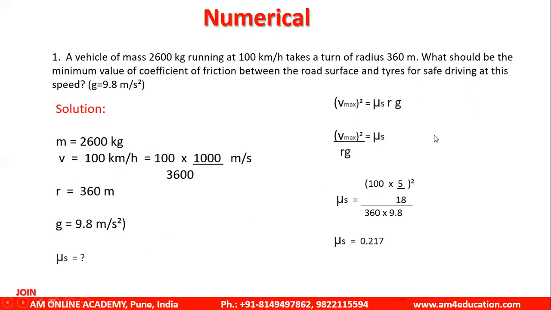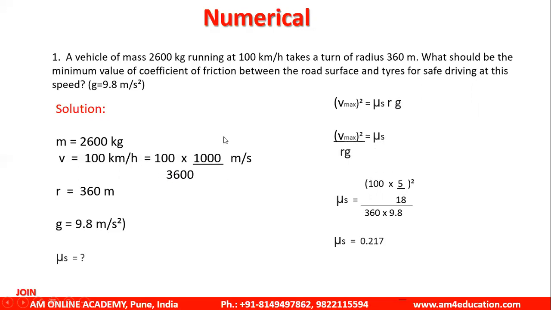Now, Vmax square is equal to mu s Rg. We are interested in finding out mu s, so we'll keep mu s on one side and all the remaining terms on the other side. So mu s will then become Vmax square upon Rg.